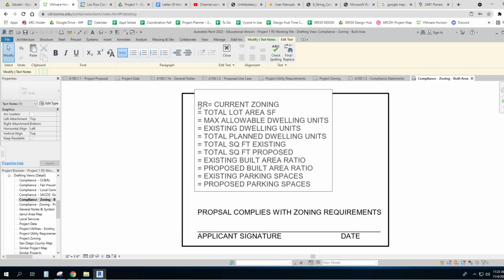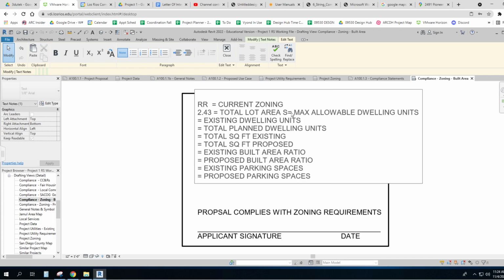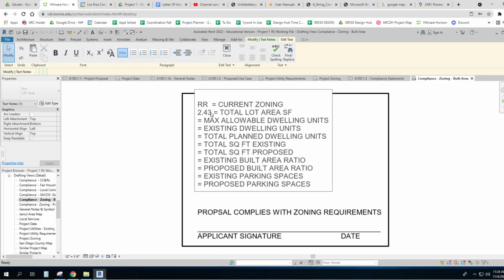It's RR. And total lot square foot, I don't know what it is. And you can change that to acres if you want. Isn't it something like 2.4 acres? I think it was like 2.02 or something like that. Yeah, I remember something like that. Yeah, I think so.